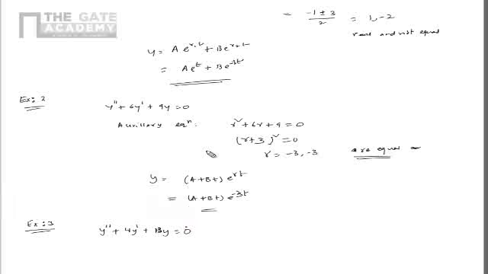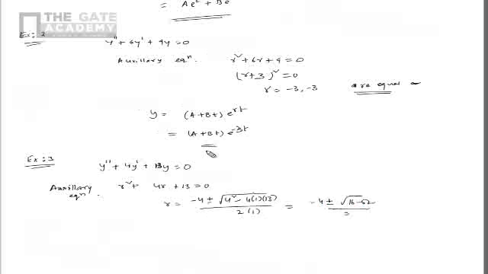The auxiliary equation will be r square plus 4r plus 13 is equal to 0, and for this let's use the quadratic formula. Again, it will be minus b plus or minus square root of b square, which is 4 square, minus 4ac, by 2a, which is 2 into 1. So I got minus 4 plus or minus square root of 16 minus 52, by 2.